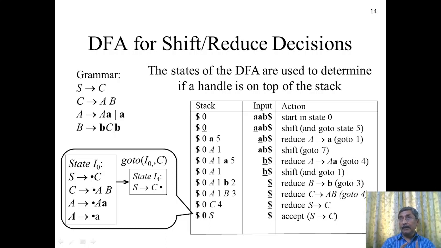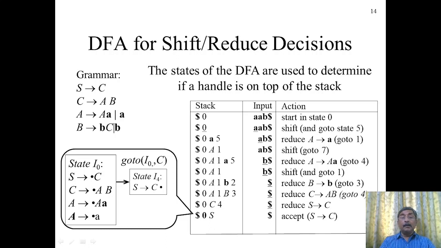Look at the DFA and find out to which state I should go. So that state number will come onto the stack as the current state. So these are the most relevant and most important parameters in this whole process.